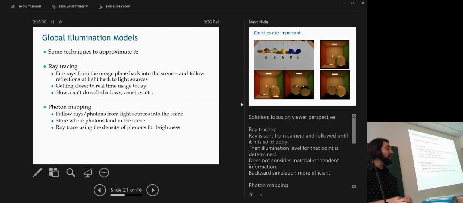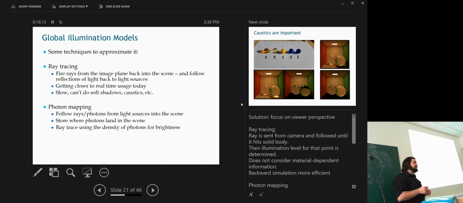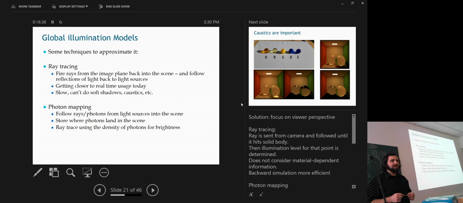It's very counterintuitive. In real life we have photons emitted from the light source, they hit the object and go to the observer. But why do we start from the observer, from the camera or eye? Less samples means fewer calculations, because you know what you're going to see, so you don't have to do anything outside of your view. Yeah, exactly, that's absolutely true.